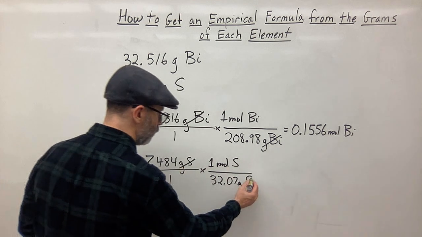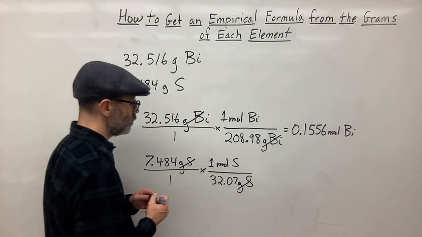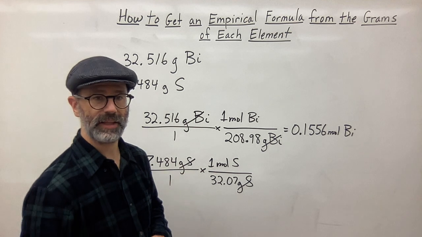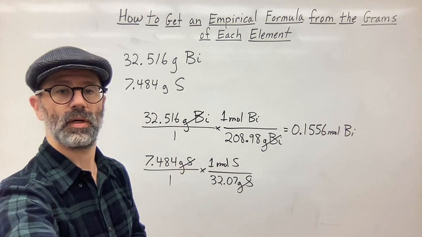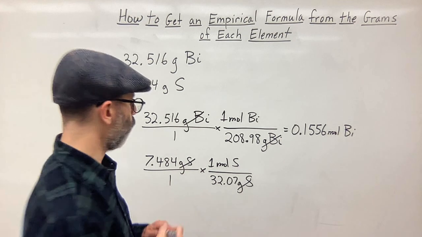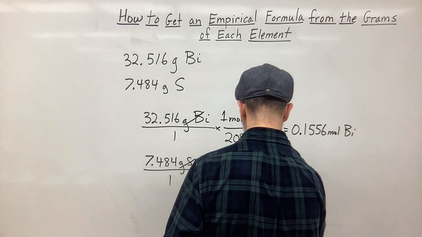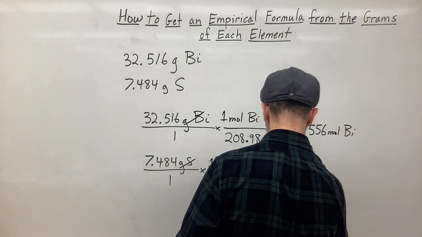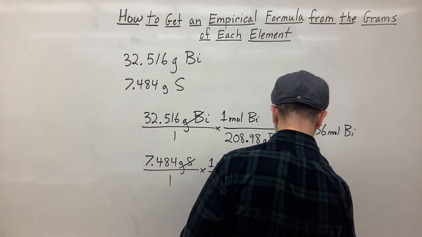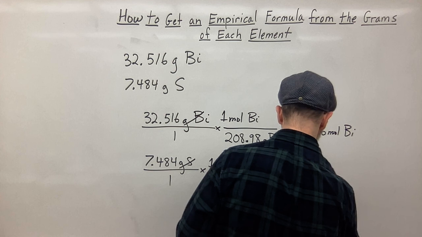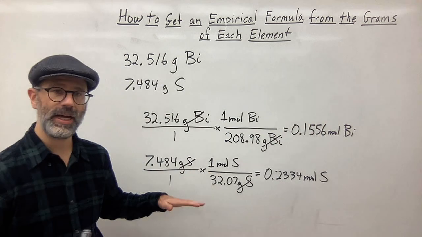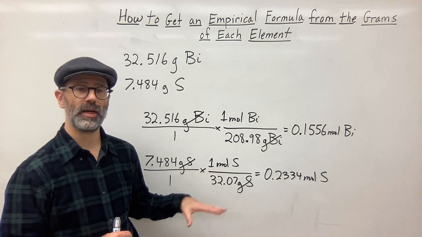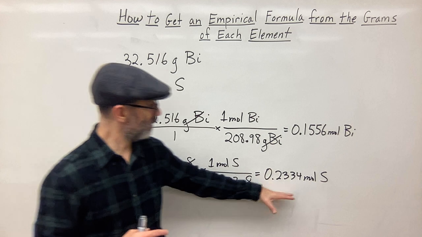The grams of sulfur cancel out. I have moles. So again, when I calculate that, I get 0.2334 moles of sulfur.